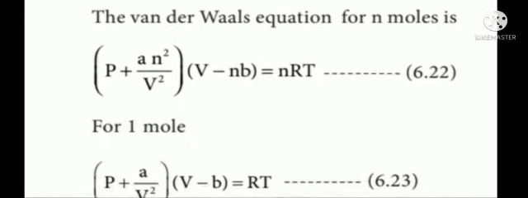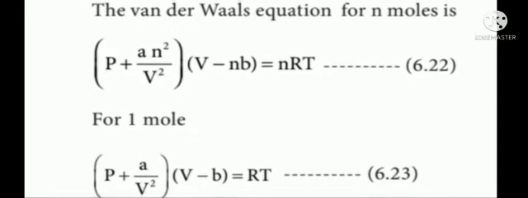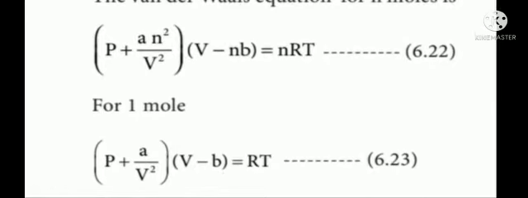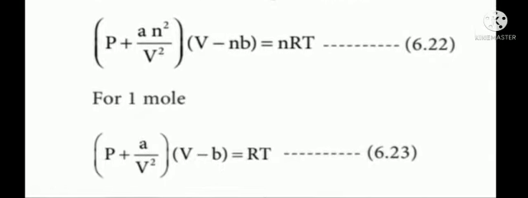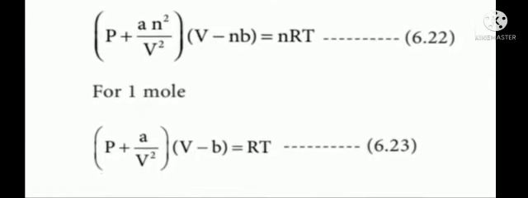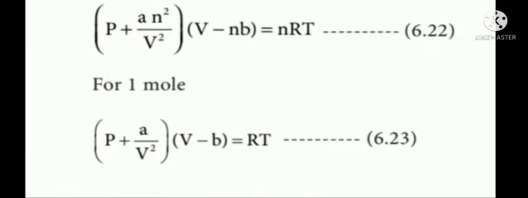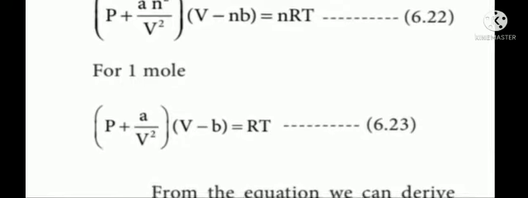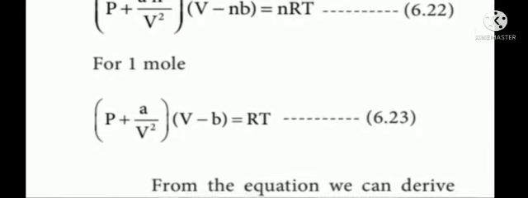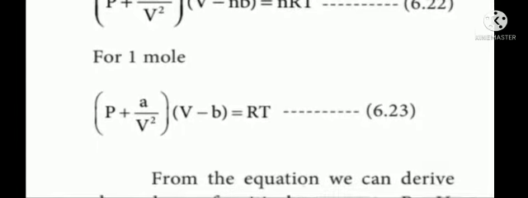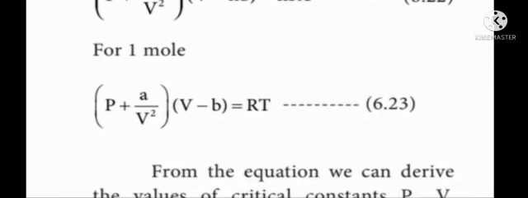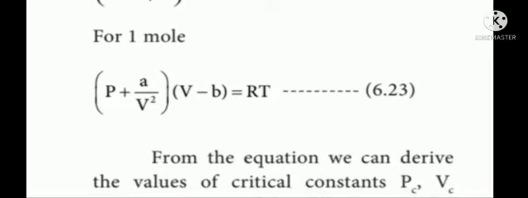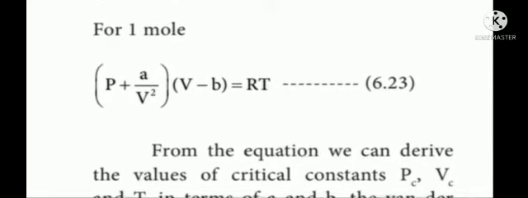For 1 mole, the van der Waals equation becomes (P + a/V²)(V - b) = RT, which is given by equation 6.23. From equation 6.23, we can derive the values of critical constants Pc, Vc and Tc in terms of van der Waals constants a and b.